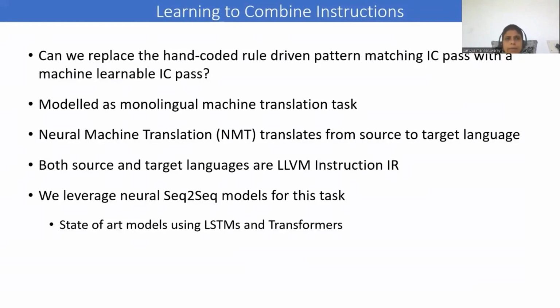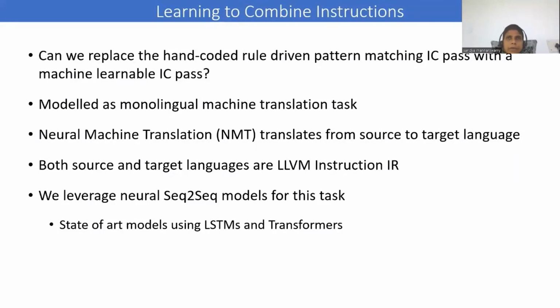In our case, the source and the target language, both of them are LLVM instruction intermediate representation. So we model this instruction combining pass as a neural machine translation task, where the source language is the unoptimized instruction sequence in LLVM IR, and the target sequence is the optimized instruction sequence in LLVM IR.